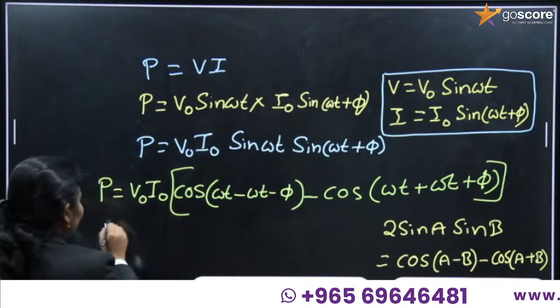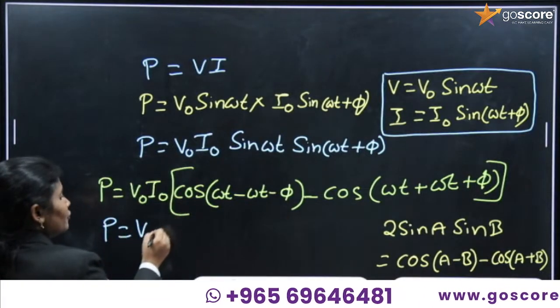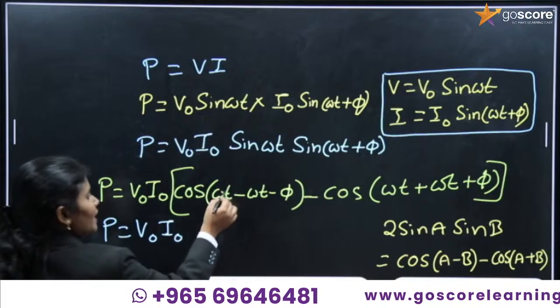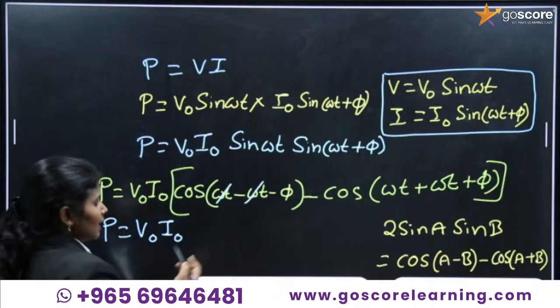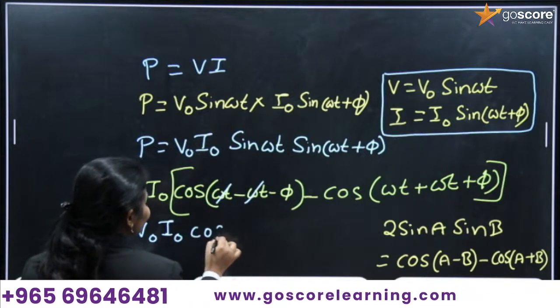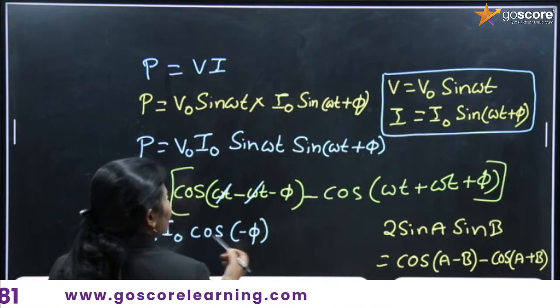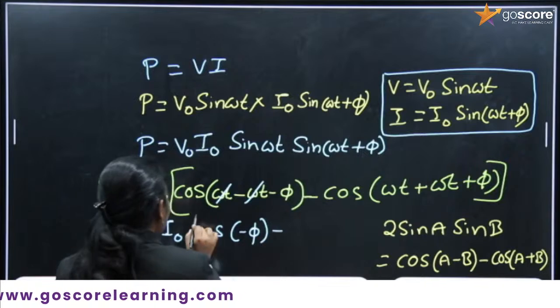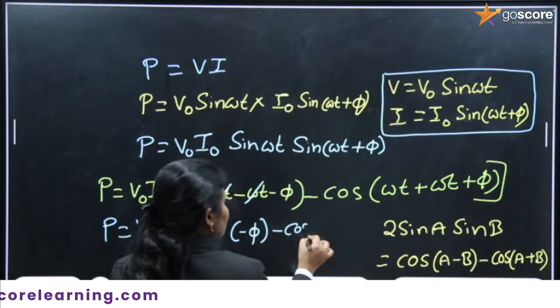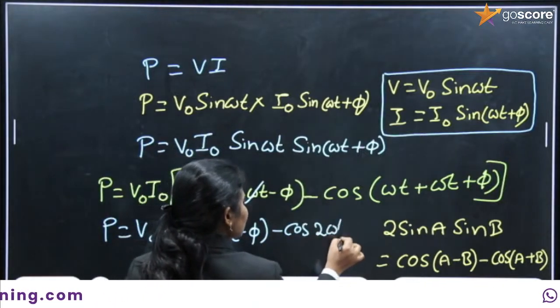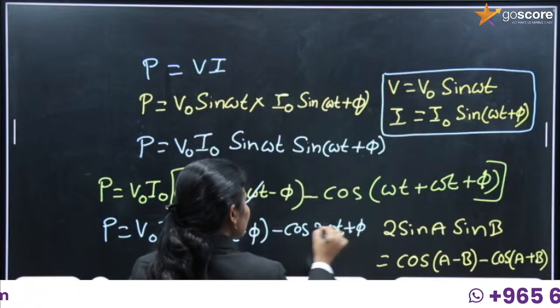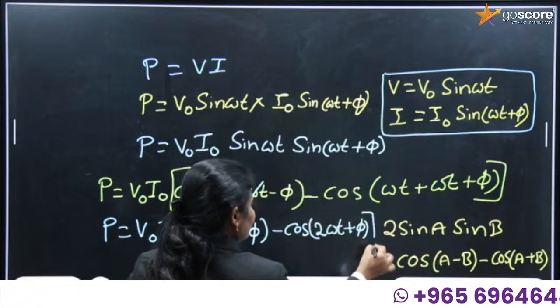Simplify this equation. P is equal to V naught I naught, omega t will be cancelled, cos minus phi, minus cos 2 omega t plus phi.